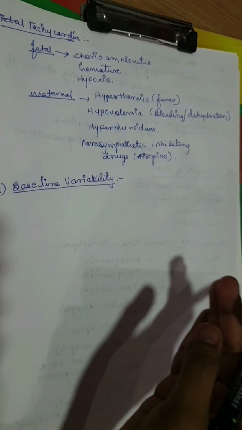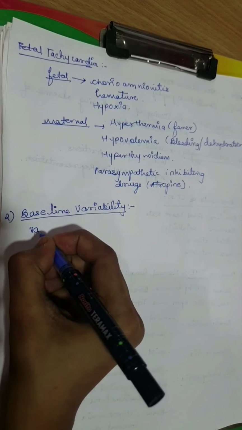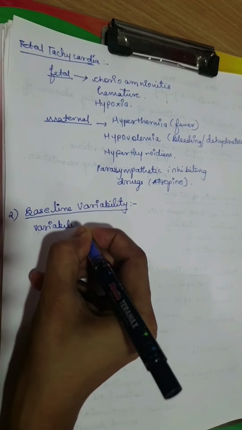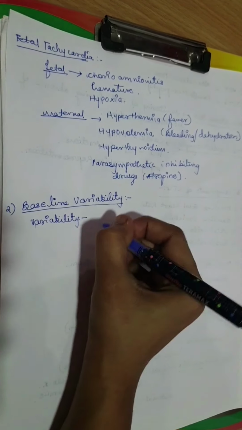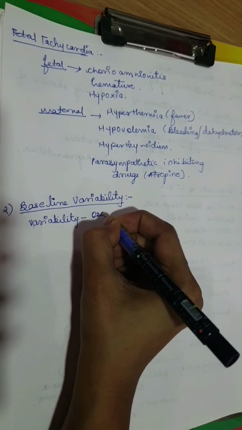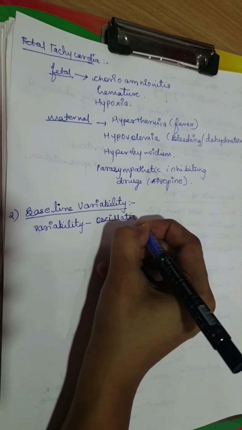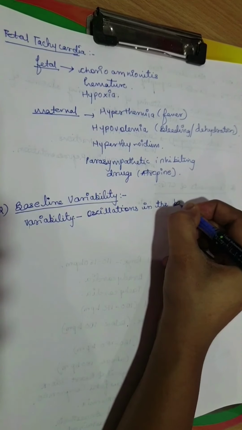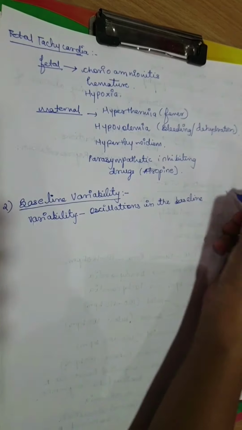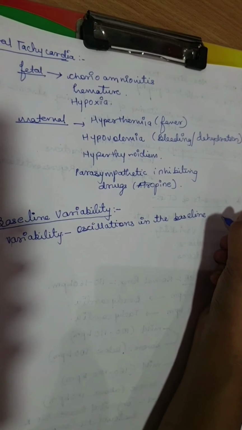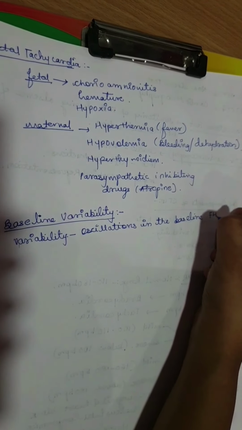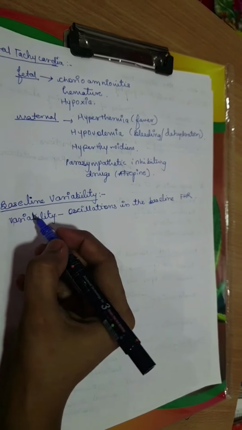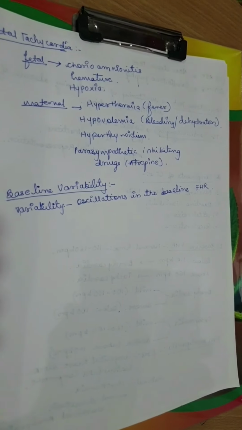Any kind of oscillations in the fetal heart rate is called variability. The baseline fetal heart rate variability.